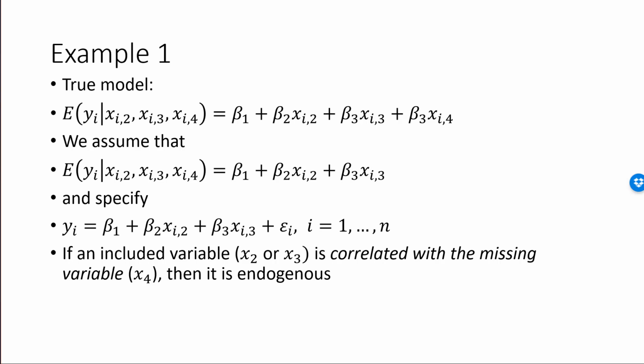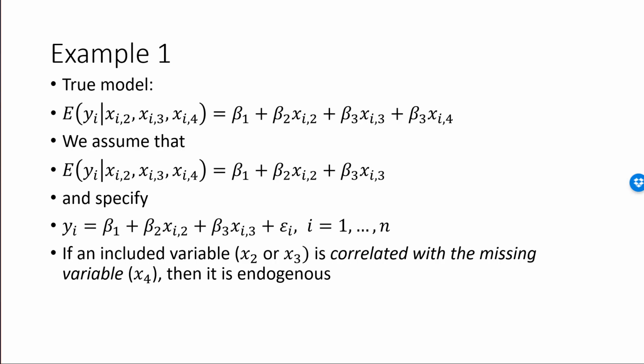The reason is simply that the error term of our specification will include the x4 explanatory variable. And if x2, for example, is correlated with x4, it will also be correlated with the error term.